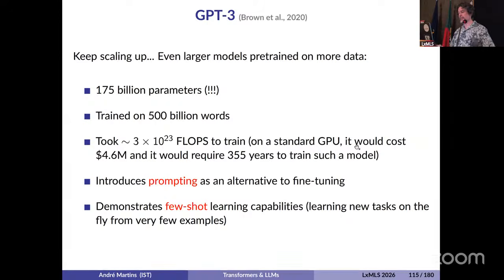Someone did the math, and on a standard GPU at the time, it would cost $4.6 million and require 355 years to train. But this model also introduced prompting as an alternative to fine-tuning, and it demonstrated that these models are able to show few-shot learning capabilities.